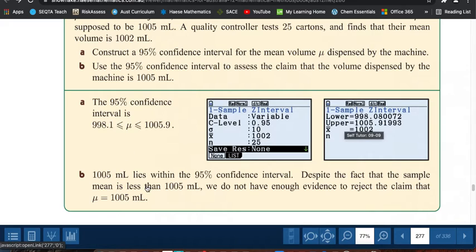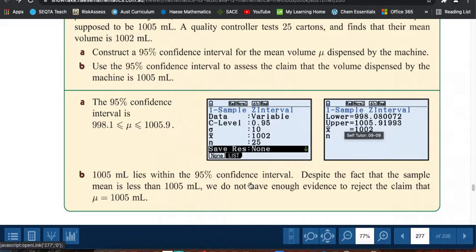But mathematically speaking, 1005 lies within that 95% confidence interval, despite the fact that the sample mean is less than 1005. We don't have enough evidence to reject the claim.